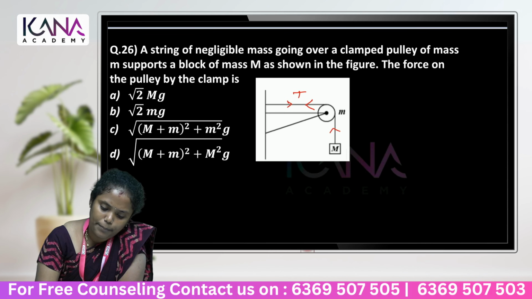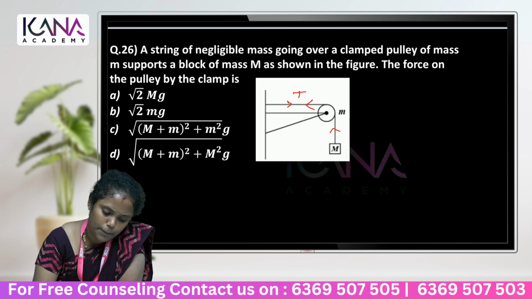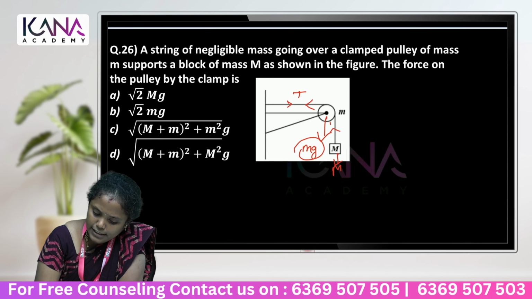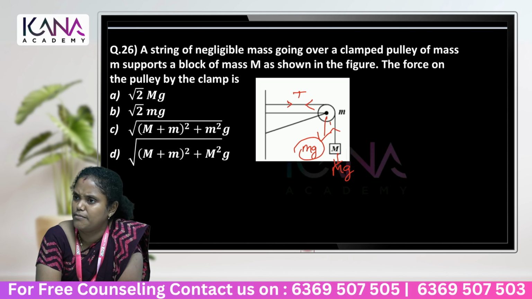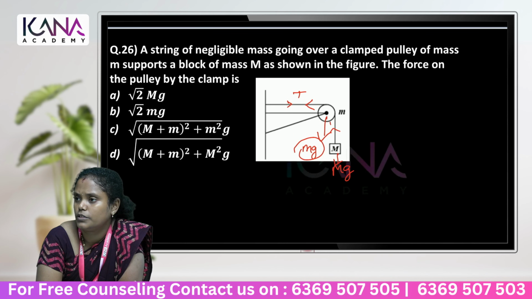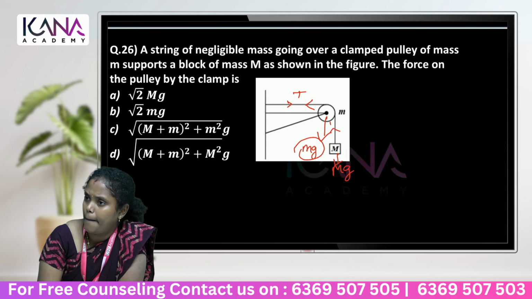Over a clamped pulley of mass m supports a block of mass capital M. So, அப்ப இதுக்கும் mass இருக்கிறதுனால this should be mg. Here it is capital Mg. The force on the pulley by the clamp is, force on the pulley by the clamp is the direction.